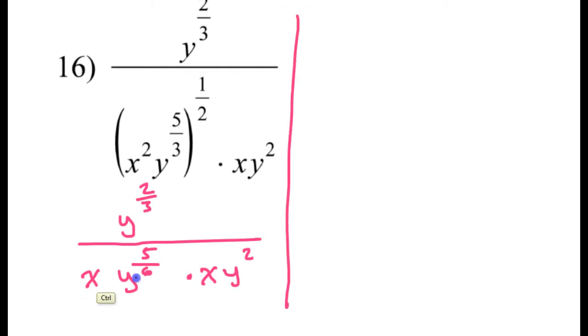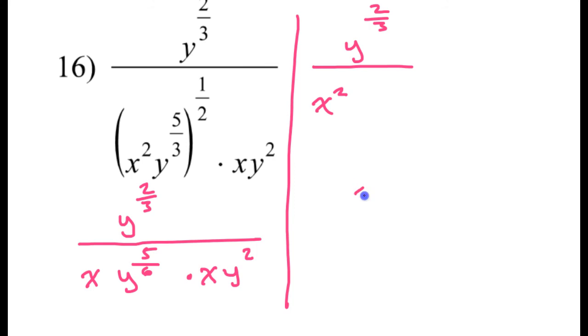Now I'm going to go ahead and multiply the denominator. So the numerator is still going to stay what it is. y to the 2/3 power. But my denominator, when I have x times x, that's going to be x squared. Now when I multiply these y's, I need to add the exponents.